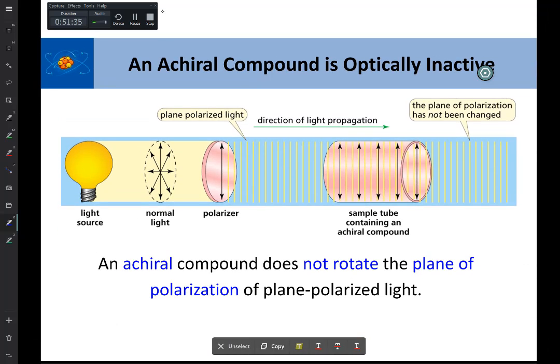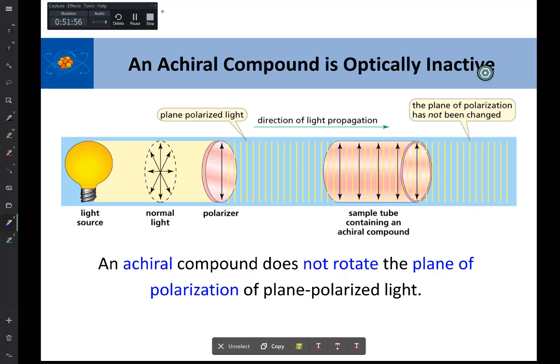So then you can create an instrument. It's called a polarimeter. This is just a setup for what's important. You take a glass tube. It's usually 10 centimeters long in the laboratory, but it can be longer or shorter.